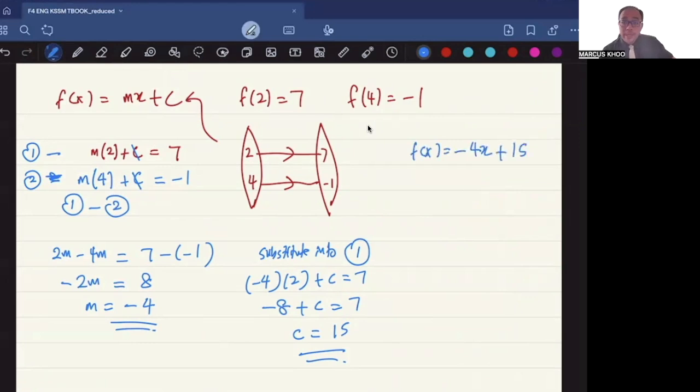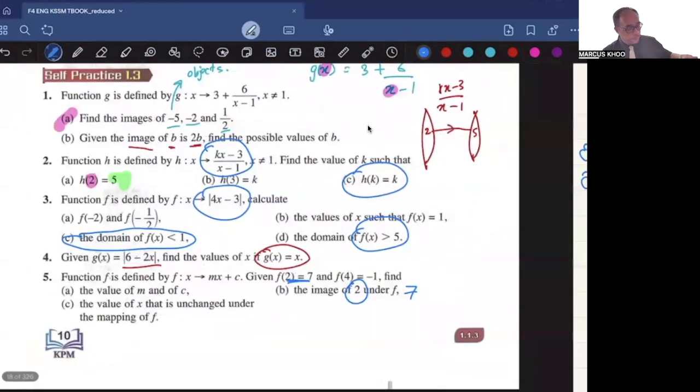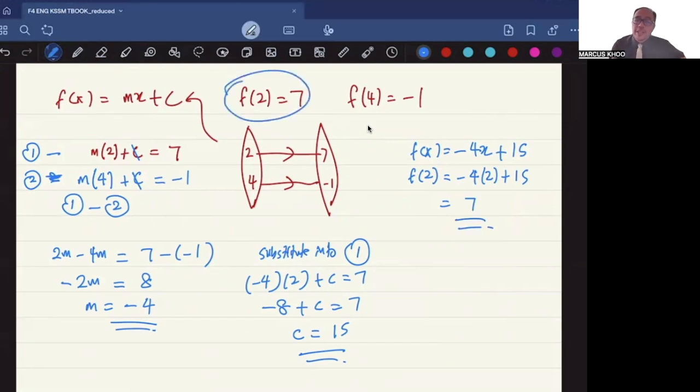And our object now is 2, because it is the image of 2. So f(2) = -4 times 2 + 15. This will give you 7, which is already there. Actually, you don't even need to calculate, because if you map it, you can see already. The object is 2, the image is 7 because the function is f.